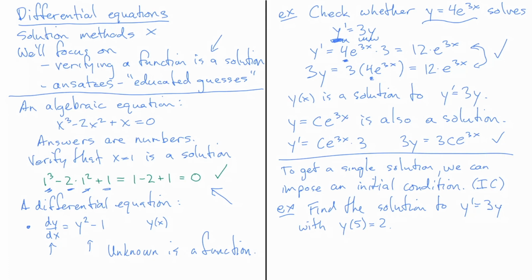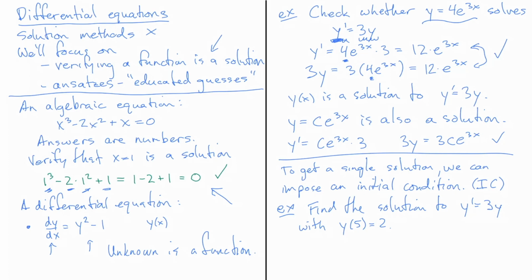So here I'm intentionally picking an initial time or an initial point x that's at 5. And so you can think of this as just being that not all experiments start at time 0. We might use the clock time, in which case if our experiment starts at 5 in the afternoon, then we would have a y of 5 condition.